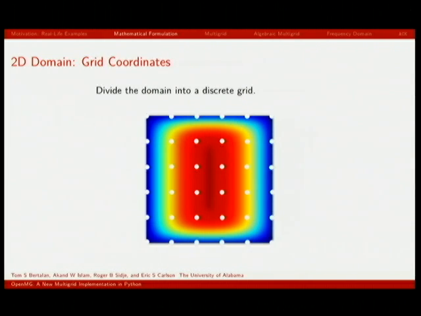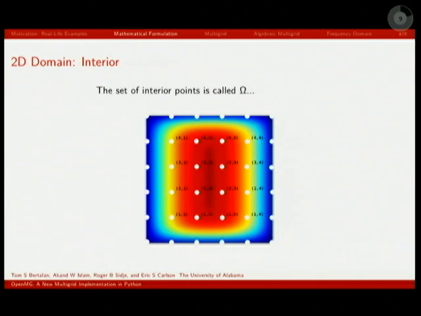So this being a computer, we have to discretize the problem into a certain number of points, as opposed to a smooth solution, which you'd have if you had an analytical solution. And we number those interior points separately from the boundary.